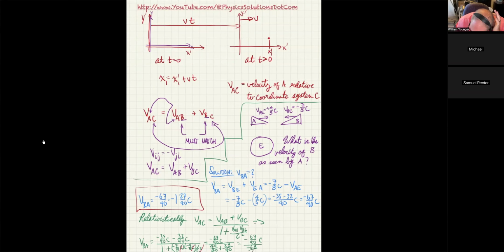It's positive in the bottom. Sorry about that. So it's 67 over 40 divided by 68 over 40, which becomes negative 67/68 C. Isn't that awesome how relativity just barely makes it smaller than C?